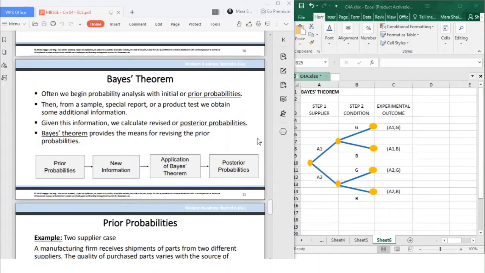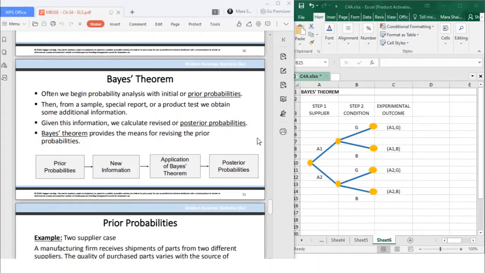If we already have this additional information, we then update or recalculate or revise our probabilities. Those revised probabilities are referred to as posterior probabilities. Bayes' theorem provides a means for making these probability calculations. So, how do you arrive at those posterior probabilities? It is through the use of Bayes' theorem.